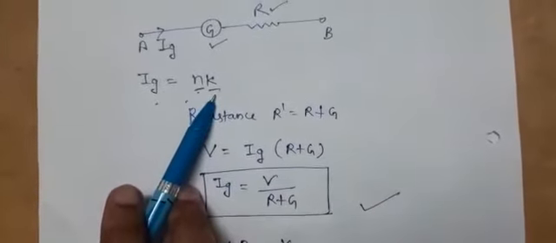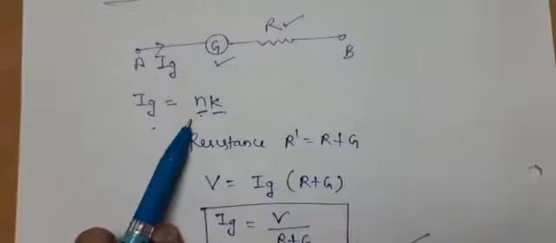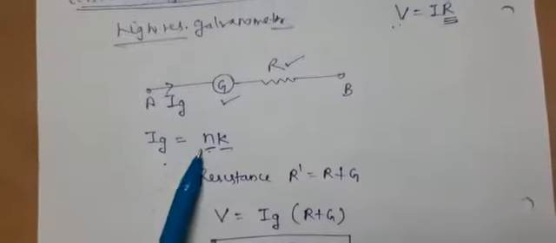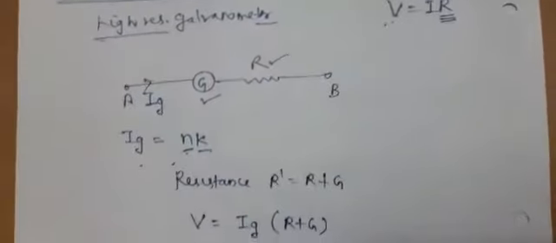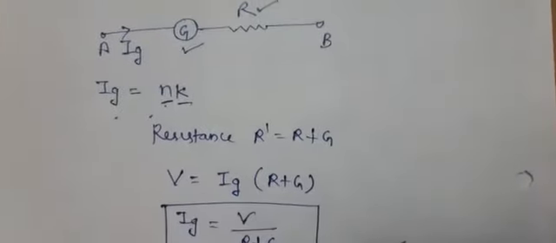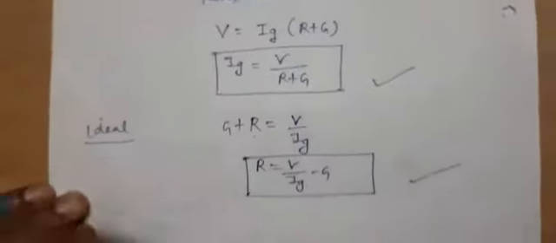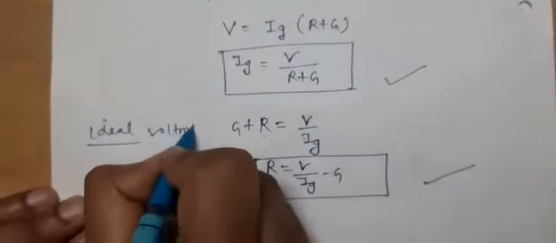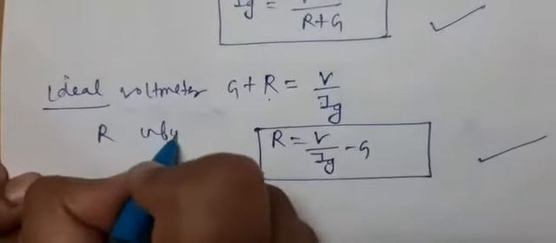This figure K is the figure of merit, that is the current for 1 scale deflection of the galvanometer, that is Ig upon N. Now for this galvanometer converted into a voltmeter, some resistance exists, that is G plus R. Here the resistance is increasing. So if we take an ideal voltmeter, for the ideal voltmeter the resistance will be infinity.